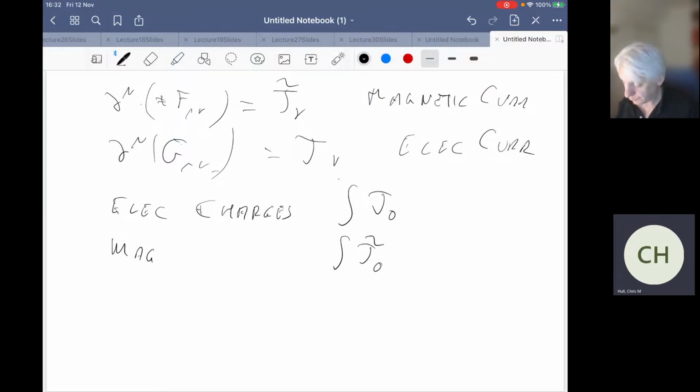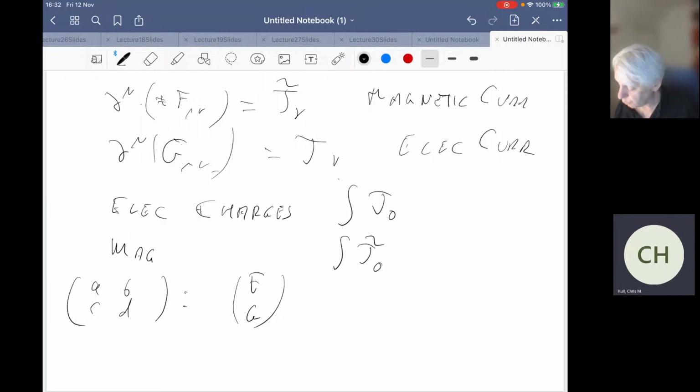And the SL2R that I've been talking about acts as 2x2 matrices A, B, C, D, transforming such that F and G transform as a doublet.